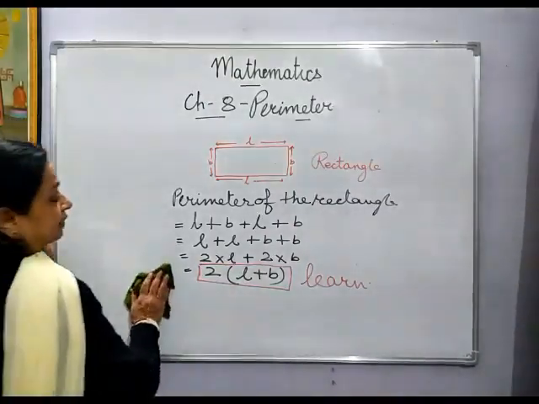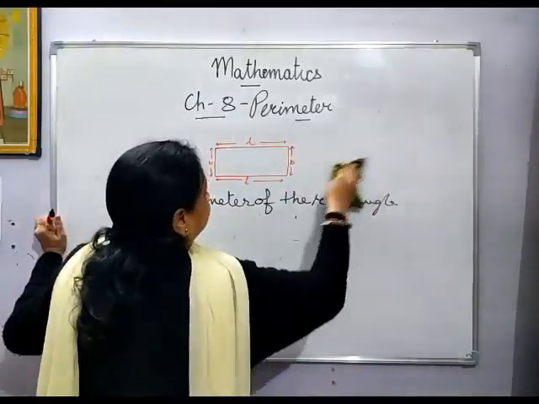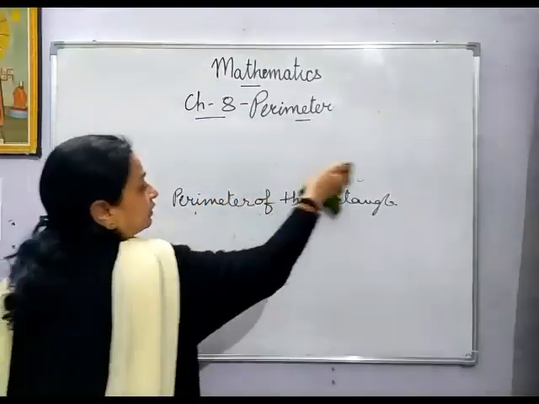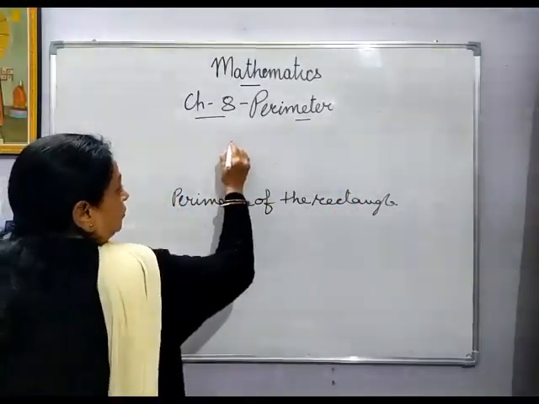Similarly, the perimeter of a square. How do you find it? You know that a square is a closed figure whose all four sides are equal.